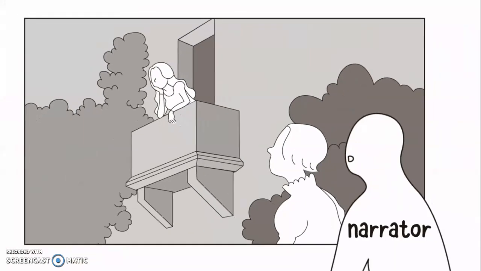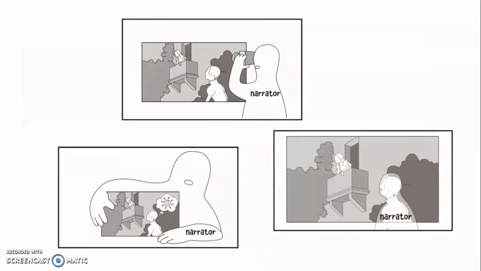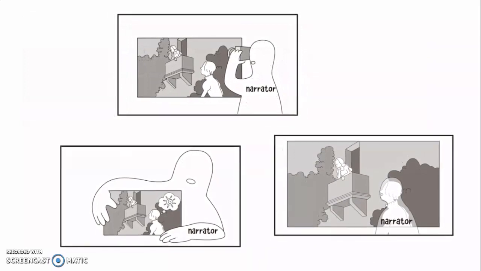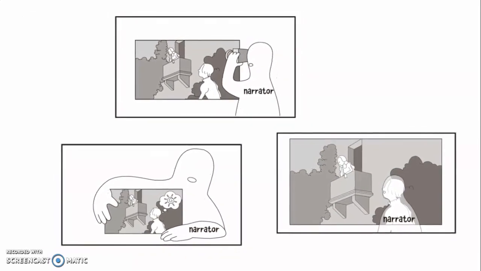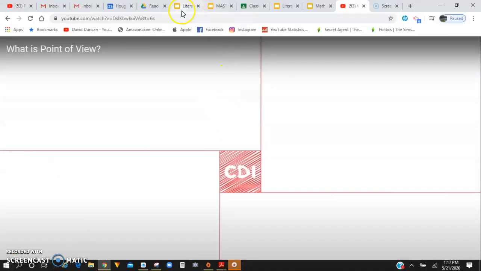The narrator tells us only what Romeo experiences. Which point of view works best for the balcony scene from Romeo and Juliet?